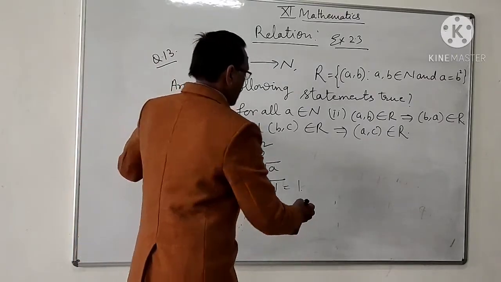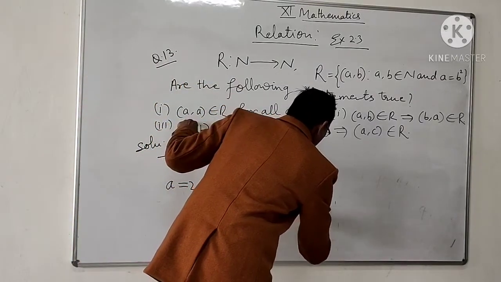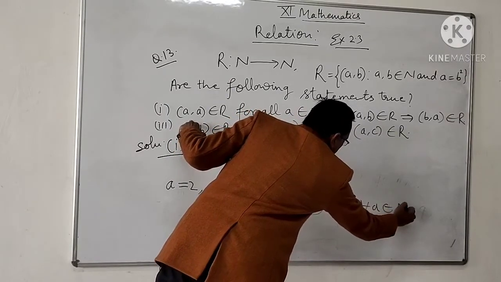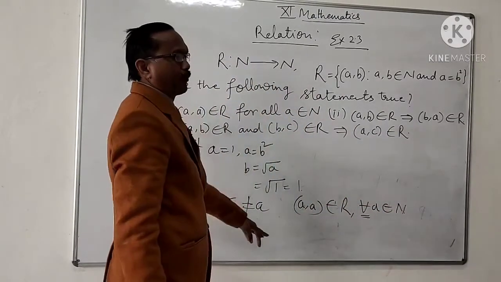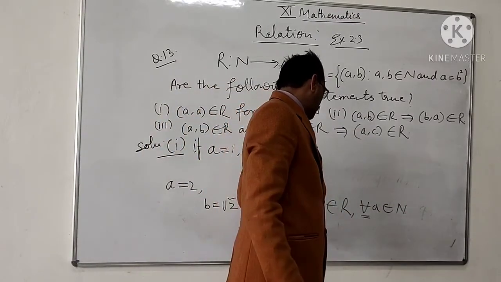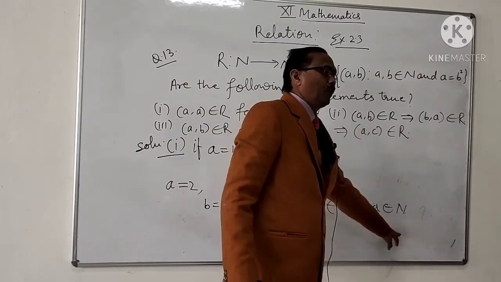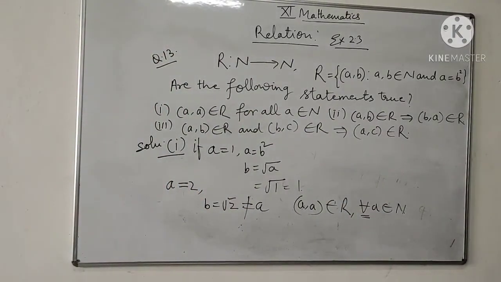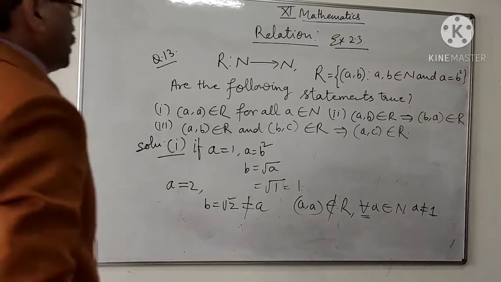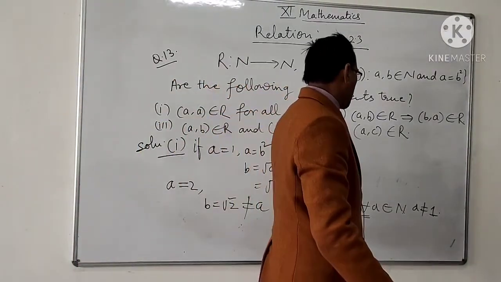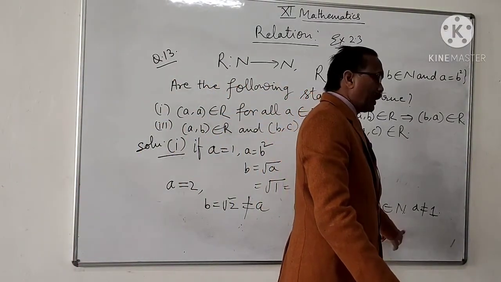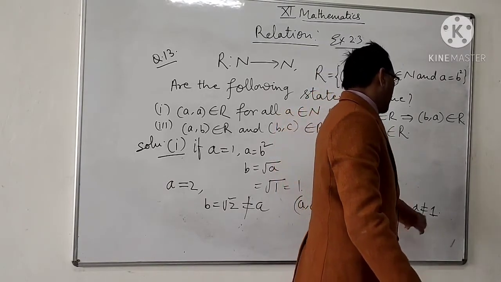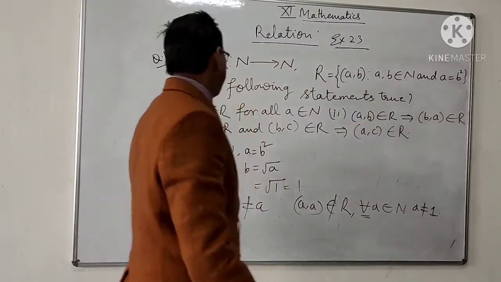Therefore, we can say the condition (A, A) does not belong to R holds for every natural number A. So (A, A) does not belong to R when A is a natural number. This is valid only for (1, 1). Hence, the statement is false.